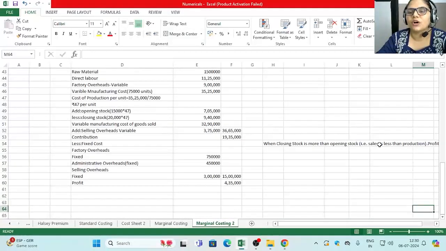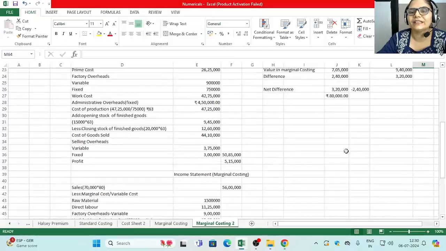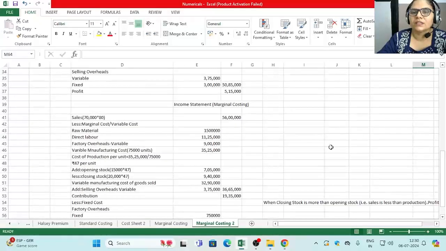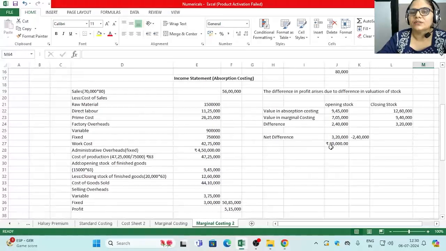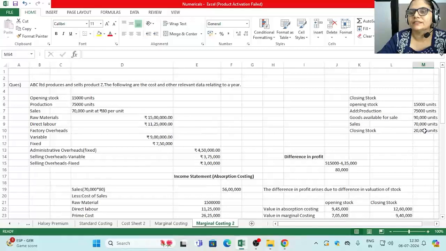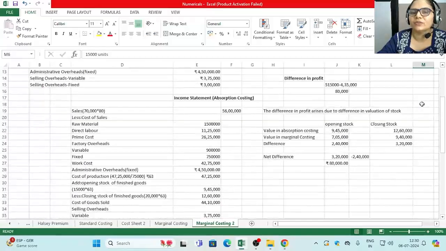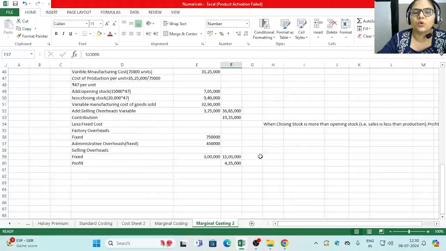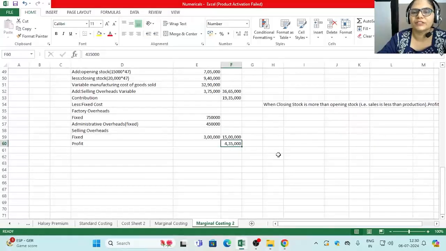When closing stock is more than opening stock, it simply means sales is less than production. Here, closing stock is more than opening stock: closing stock is 20,000 and opening stock is 15,000. The profit under absorption costing is more than the profit under marginal costing.